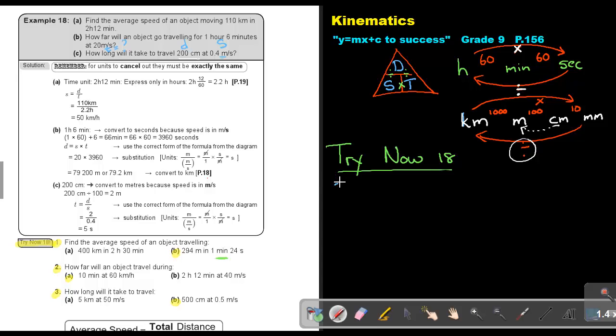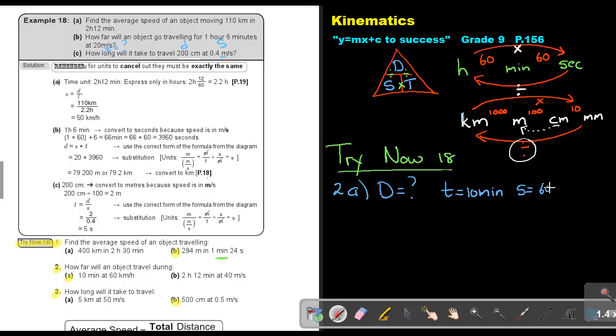Number 2A. How far? Far will be distance. An object travels during 10 minutes, so that's the time. And what is the speed?